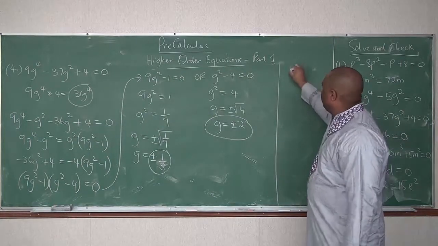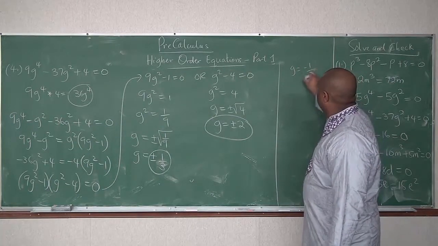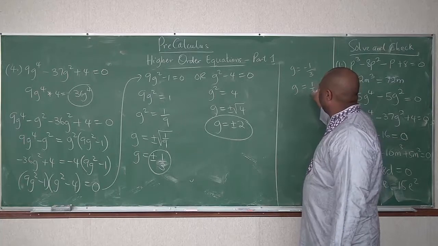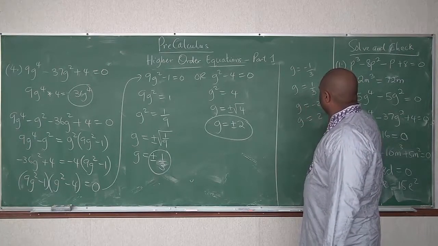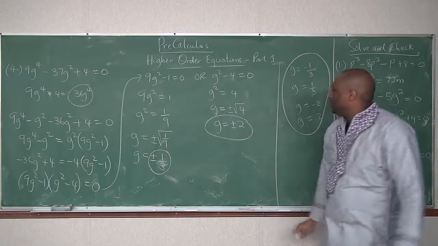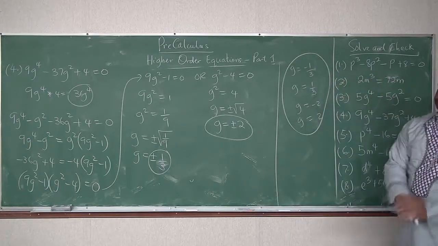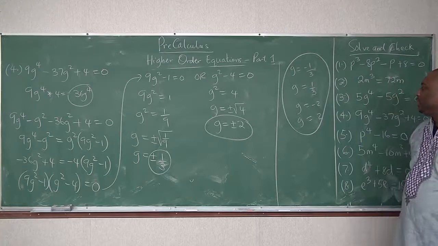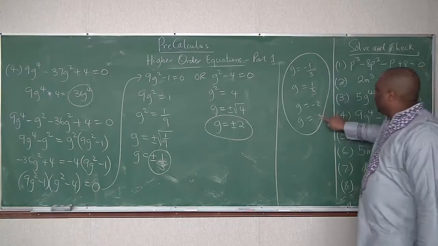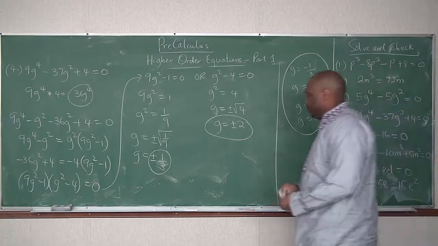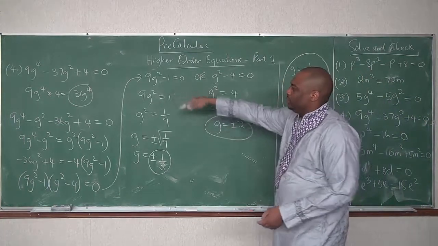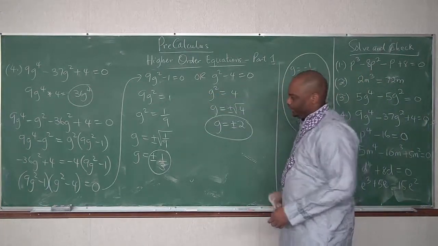You have that g is -1 over 3, g is 1 over 3, g is -2, and g is 2. Next thing we do is check our work. Let us check our work. So I'm going to erase, so it will be easier for me to just check it from here.